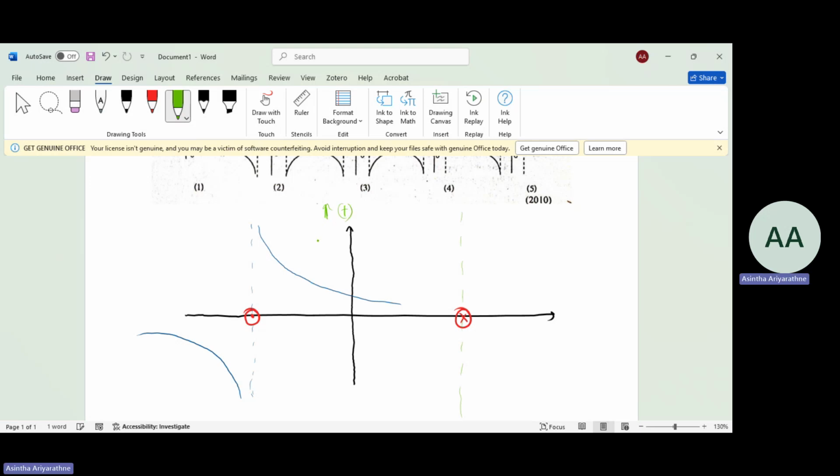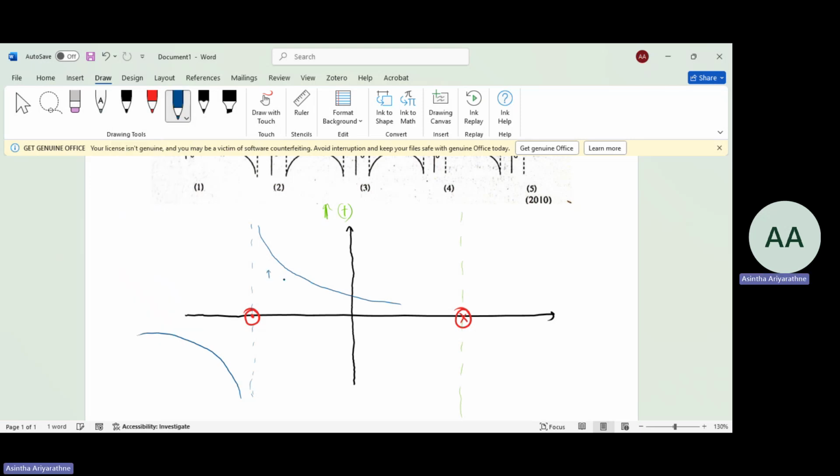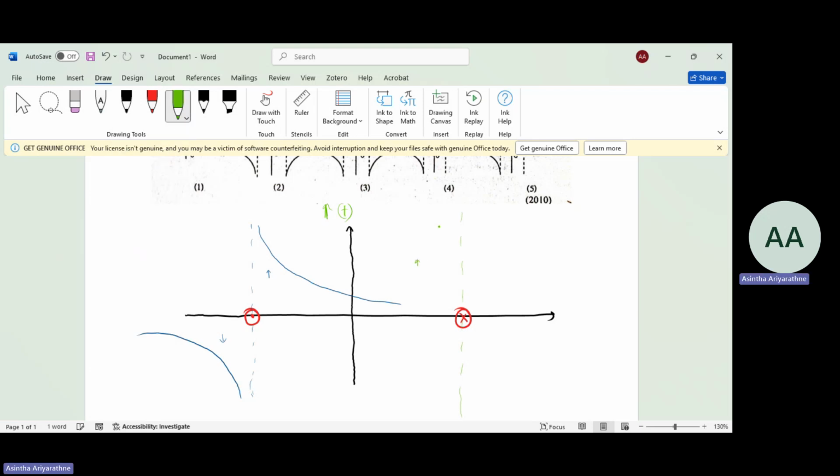There would be a magnetic field in upward direction here, due to the first conductor, that's why it is considered as positive. Here it is negative, in the other direction. At the upward direction it is positive, and negative. So the resultant of these two would be something like this.